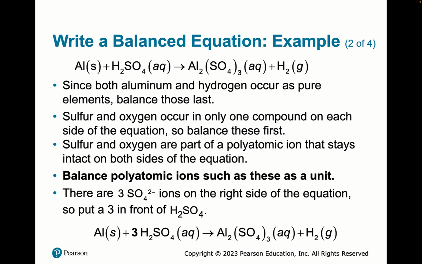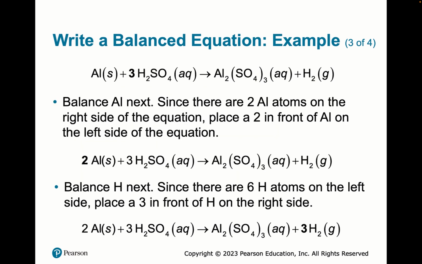But then for the sulfuric acid, H2SO4, you can look at the SO4 as an entire unit. You can see it doesn't balance on either side, so you're obviously going to need 3 of those. So put a 3 in front of the H2SO4. And the next one, you look at the aluminum. So put a 2 in front of the aluminum. Now the aluminums are balanced. And now you have to look at the hydrogens. For the H2SO4s, you have 3 of them. 3 times 2 is 6.